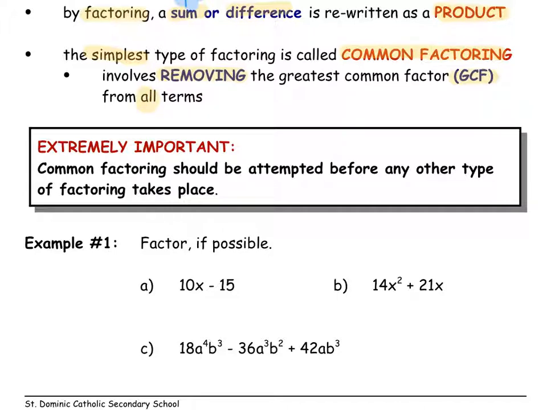They all have to have some elements in common. Okay, so extremely important here: we are going to learn about different types of factoring, but common factoring should always be attempted first, before any other type of factoring takes place. We're always going to look to remove any common factors.